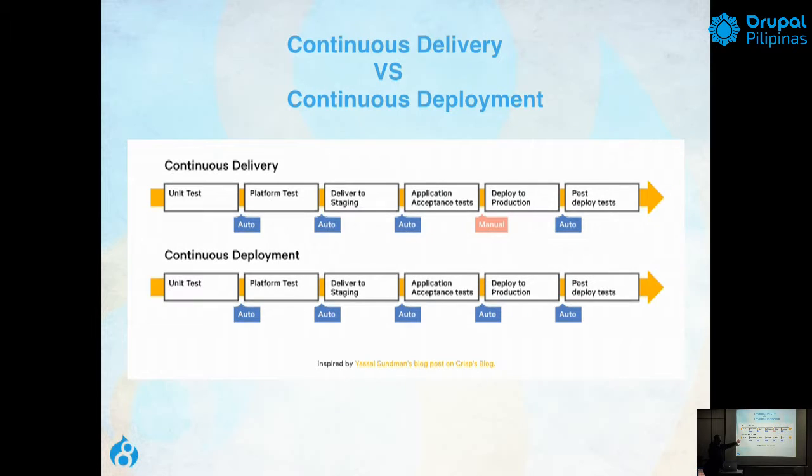So from unit testing, platform test, delivery staging, it's the same with continuous delivery, but continuous deployment depends on their development team's skill sets and strategies. Personally, when they push, that means it will 100% work.